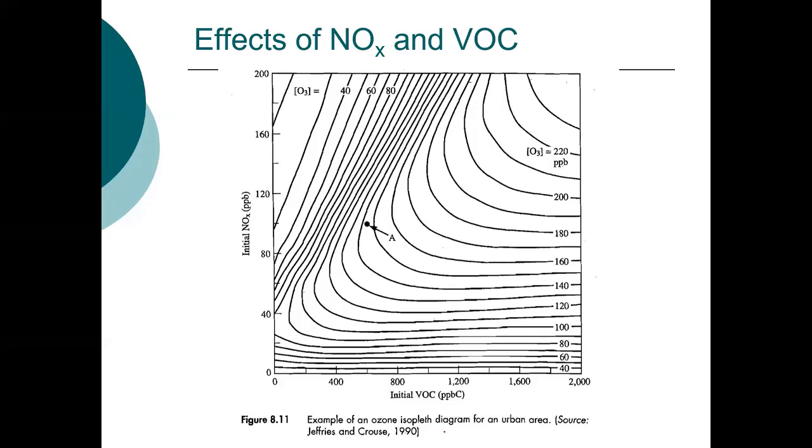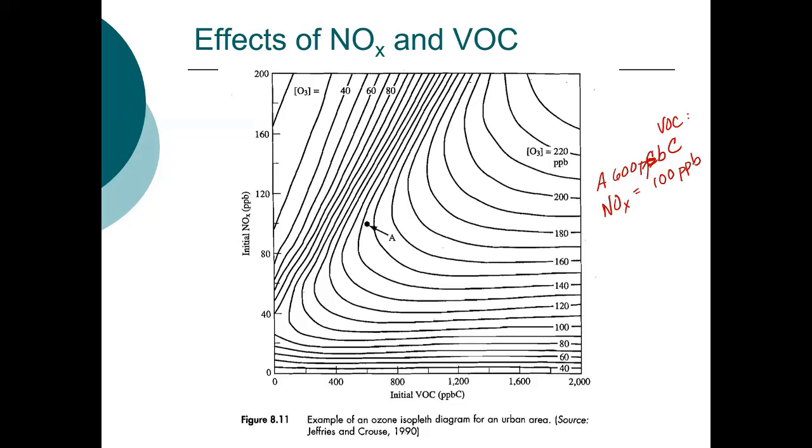So we start at a VOC concentration. Point A is a VOC concentration of 600 parts per billion as carbon. Our NOx concentration is 100 parts per billion.